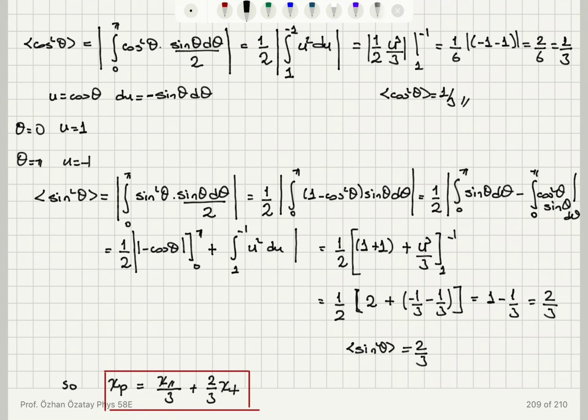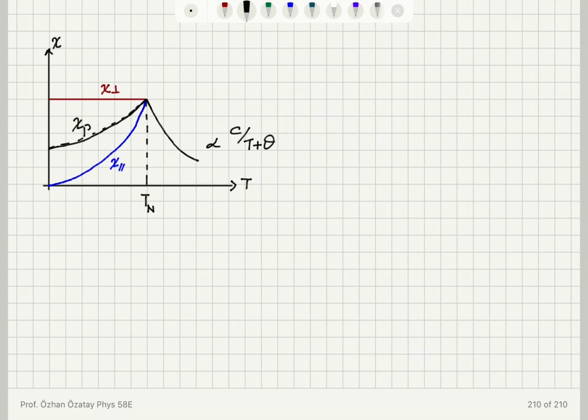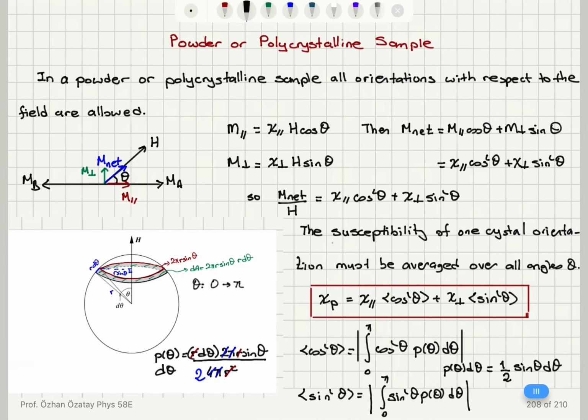It takes 1/3 of the longitudinal and 2/3 of the transverse susceptibility. So it approaches the Néel temperature like this, and after the Néel temperature, once again, we're dropping as C over T plus theta.